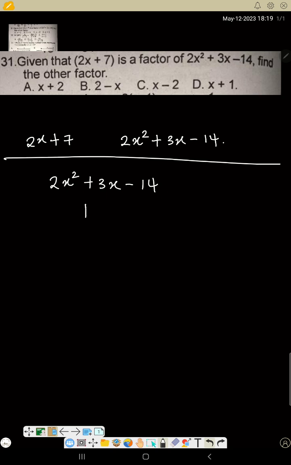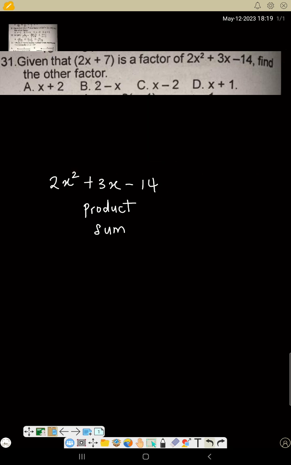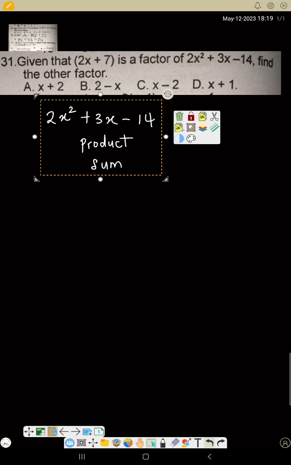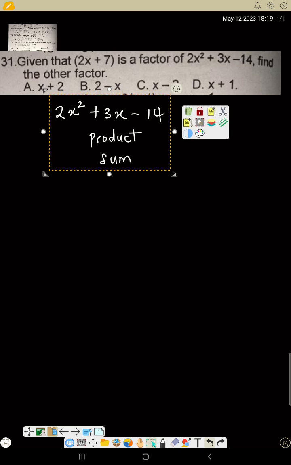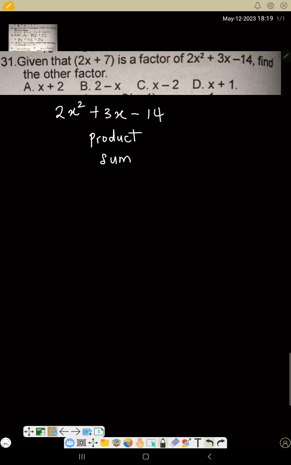So first you need product and you need sum. What is product? Product means multiplication. What is sum? Sum means addition. So to get the product, you multiply the first term by the last term.